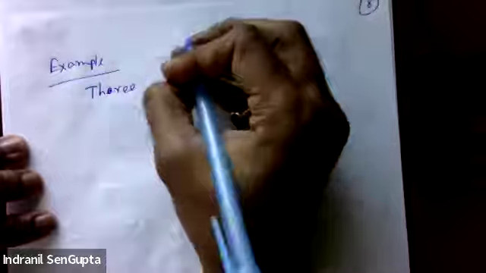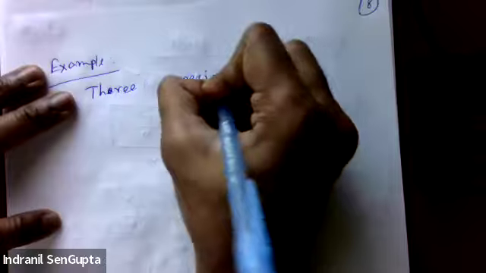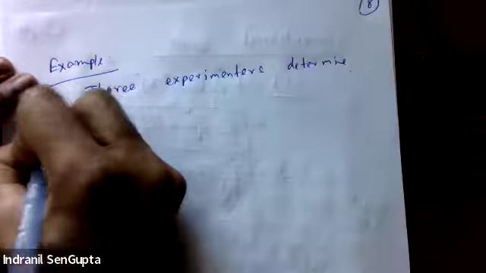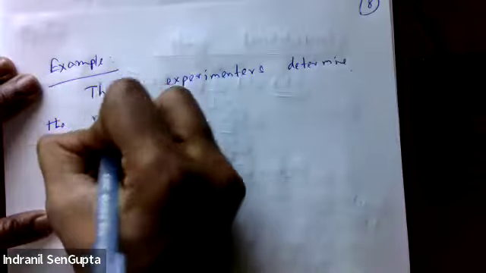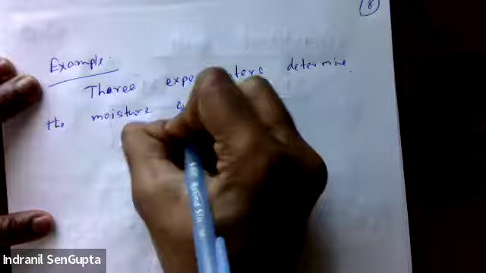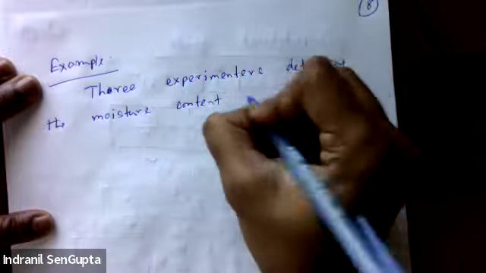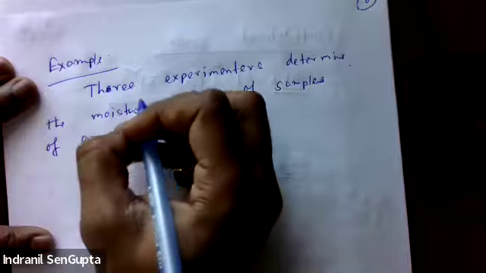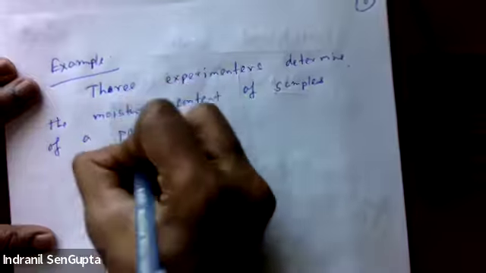So here is an example. It goes like this. Three experimenters determine the moisture content of samples of a product, say powder.